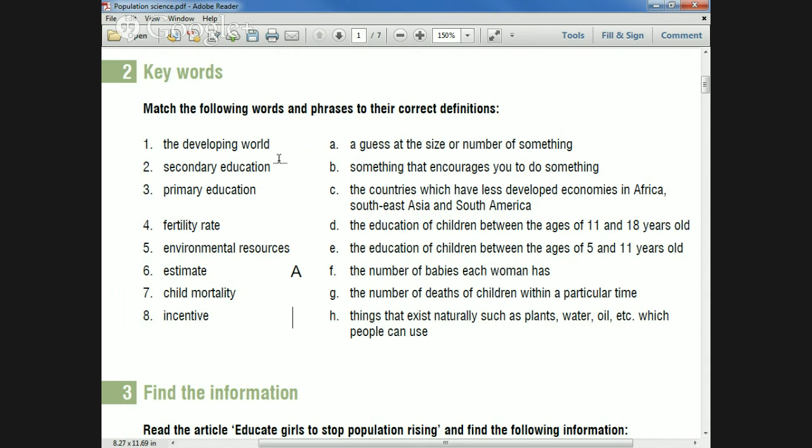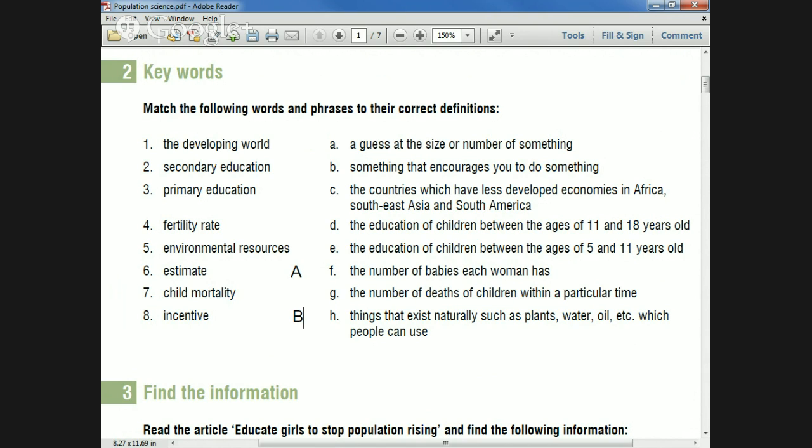No. Anybody else have an idea? Incentive. Yes. For example, you go to work in the morning because they have given you your salary as an incentive.